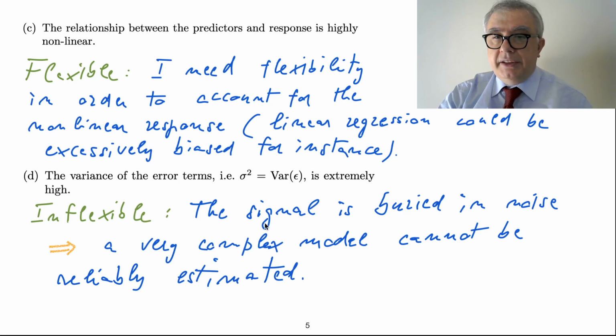I would say that the signal in this case is buried in noise, because you have so much noise, and therefore if the data are that noisy, I believe that you are not able to reliably estimate a very complex model. So if there is so much noise in the data, you would better adopt simple models in such a way you can at least reliably estimate their parameters without excessive uncertainty.